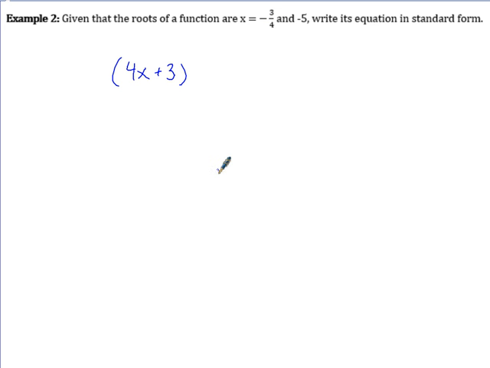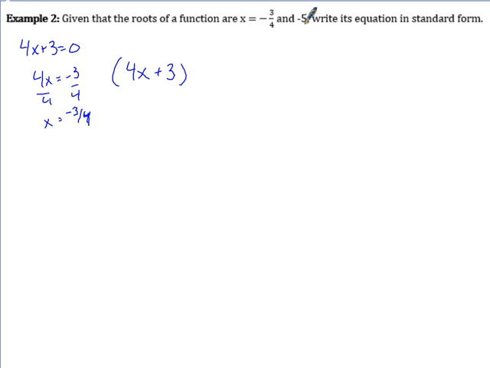Because remember, when we were solving these, we were setting these equal to 0. So if I set this equal to 0 and solve, I would subtract 3. So I would have 4x equals negative 3, and then I would divide by 4 on both sides. So x equals negative 3 over 4. Alright, so this is my factor, and I'm just proving to you where that came from.